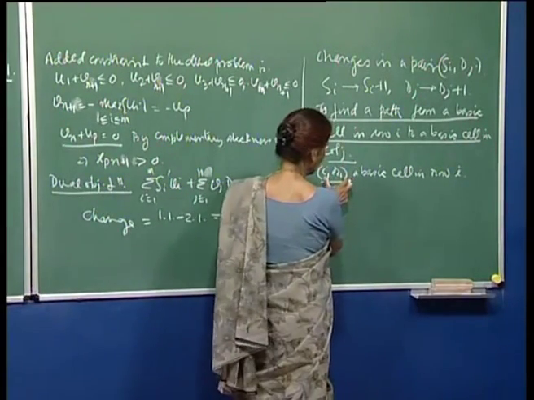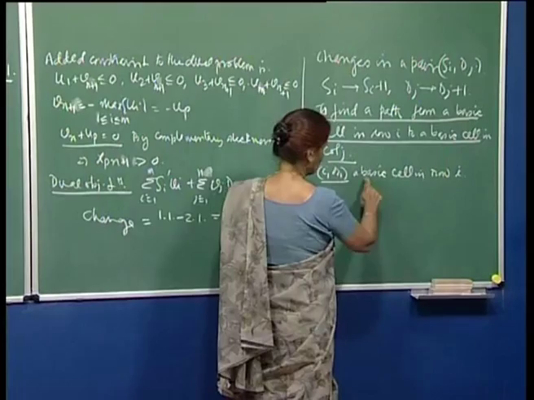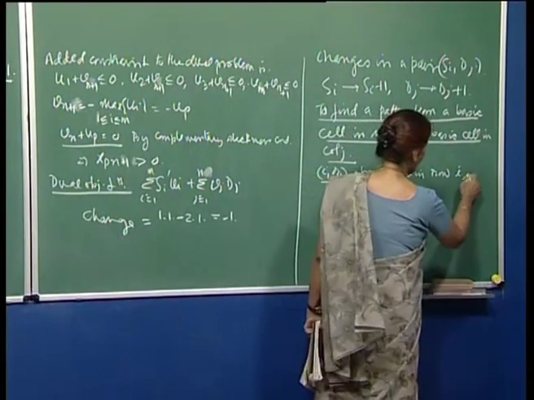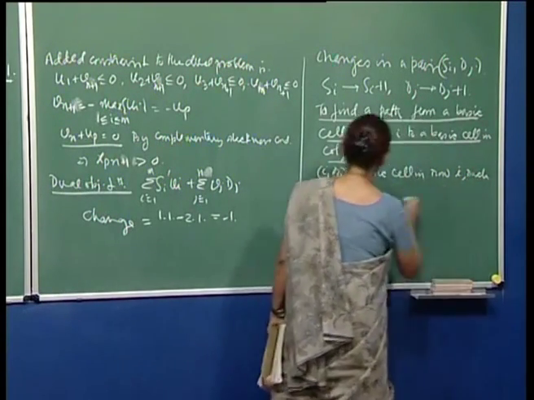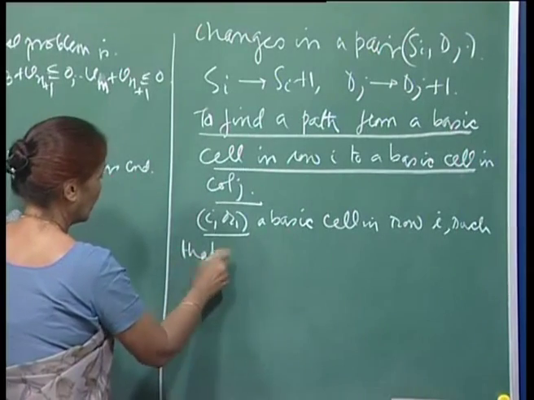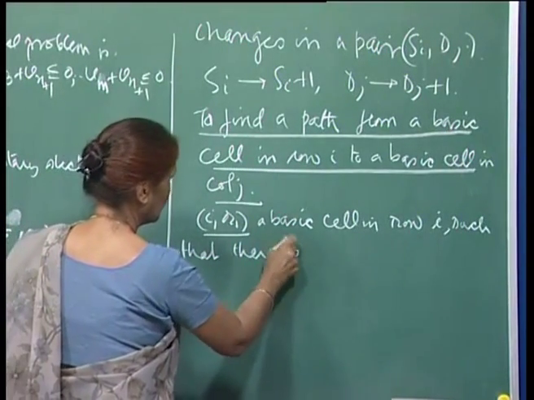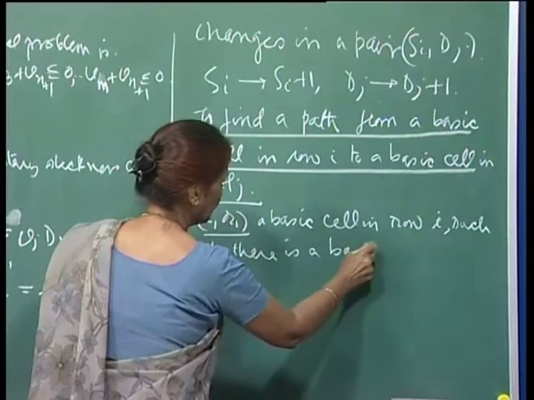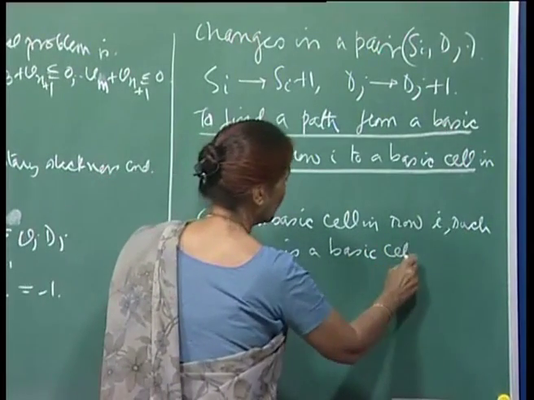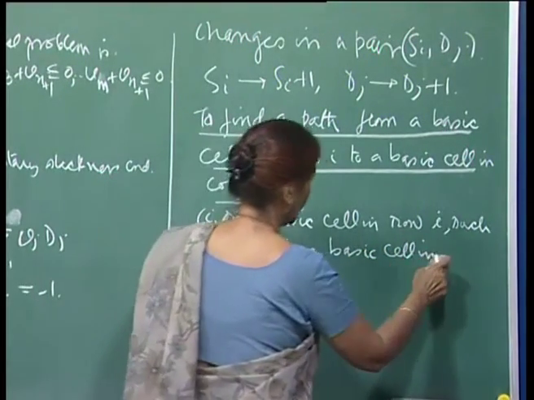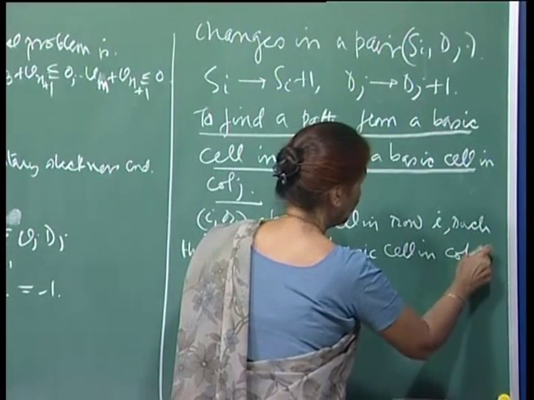So I choose the basic cell in row i such that there is a basic cell in column R1.